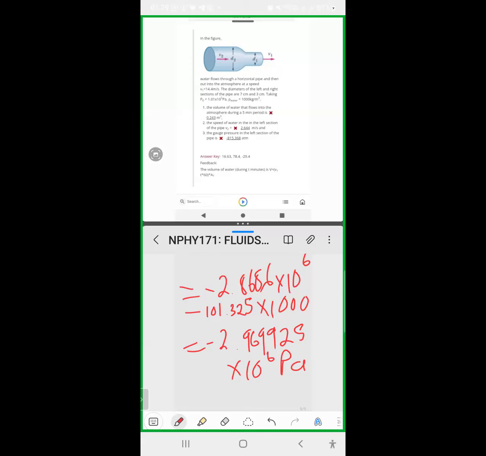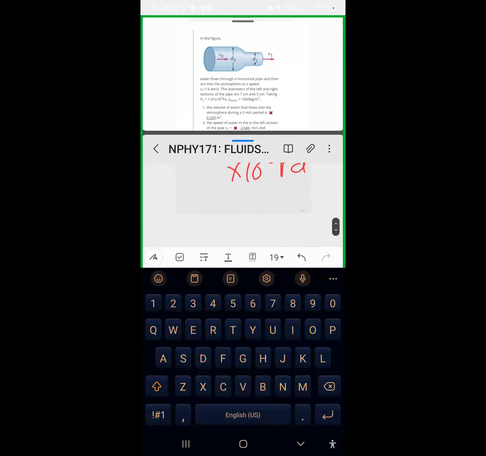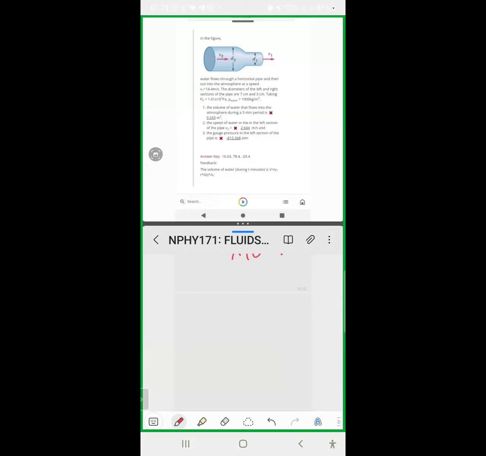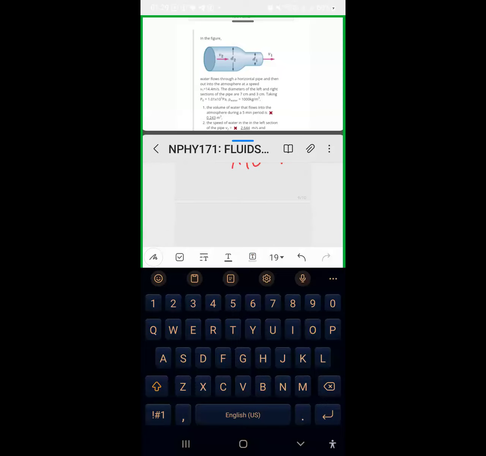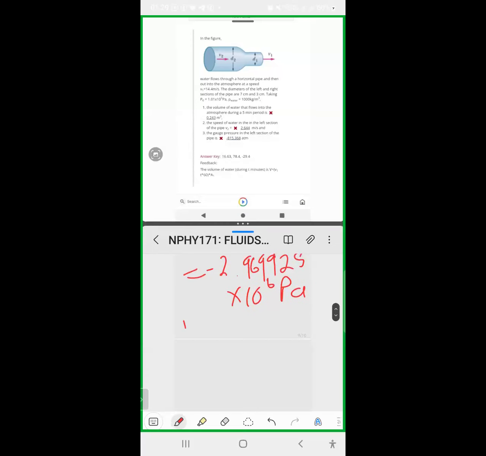Now let's convert it to atmospheric pressure. We know that 1 atmospheric pressure is equal to 1.013 times 10 to the power 5 pascals.